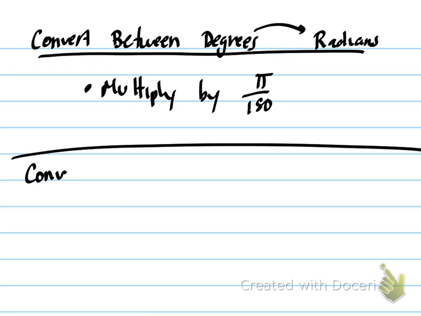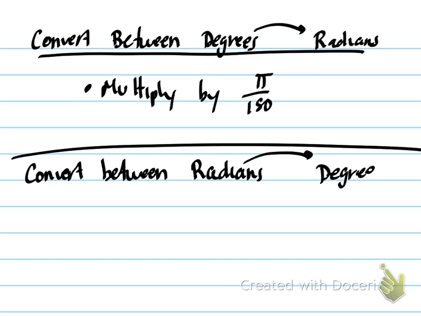If I want to start with radians and convert that into a degree measure, you would multiply by the reciprocal of that. Let's start with this one: convert to degrees.